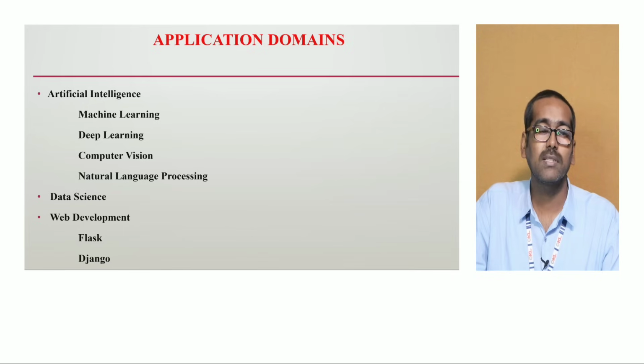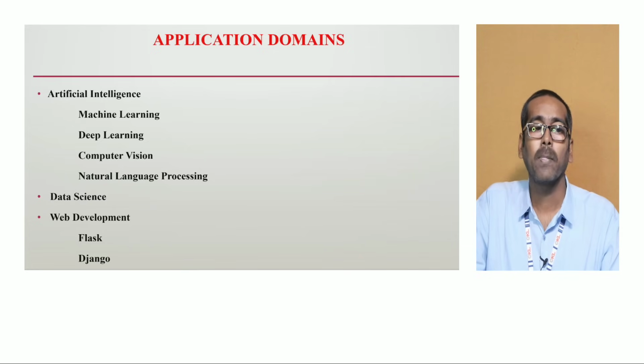Even artificial intelligence is no exception. Artificial intelligence has a wide range of subdomains, like machine learning, deep learning, neural networks, natural language processing and computer vision. These all come under artificial intelligence, and they are all supported by Python.